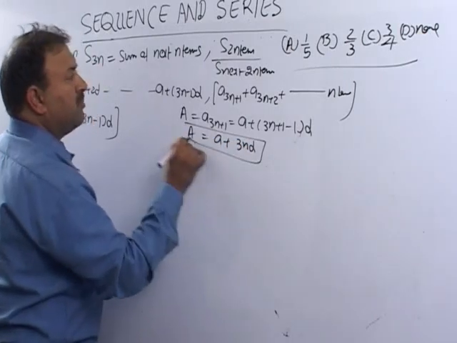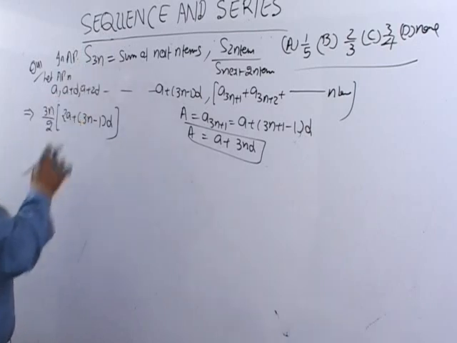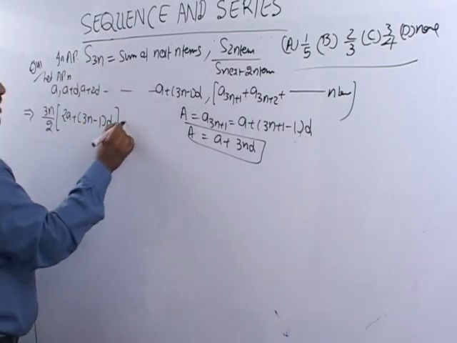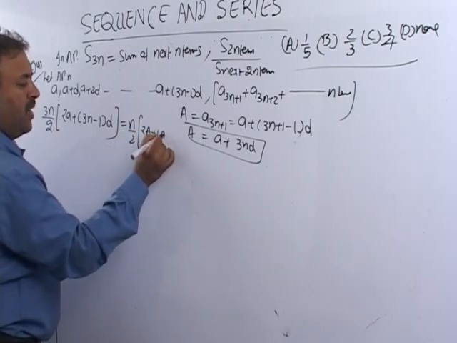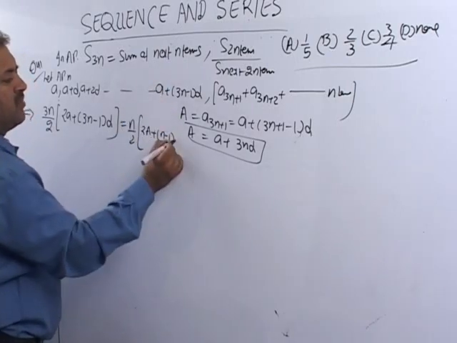This is the first term after 3n terms. So this equals n by 2, 2a plus n minus 1 into common difference d.